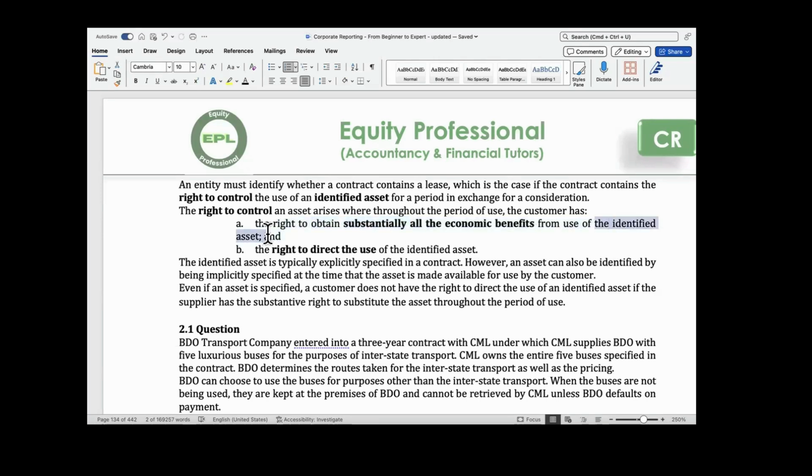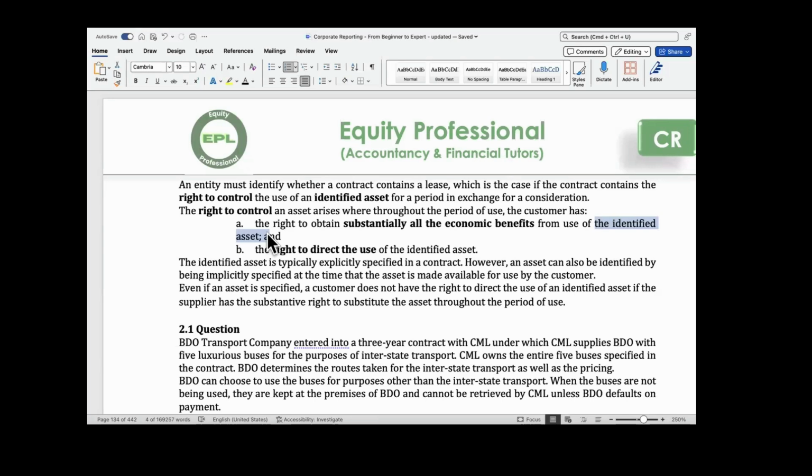It has to be an identified asset, which means that if the arrangement is such that, let's say the lessee wants to rent a bus from the lessor, from the owner of that bus.